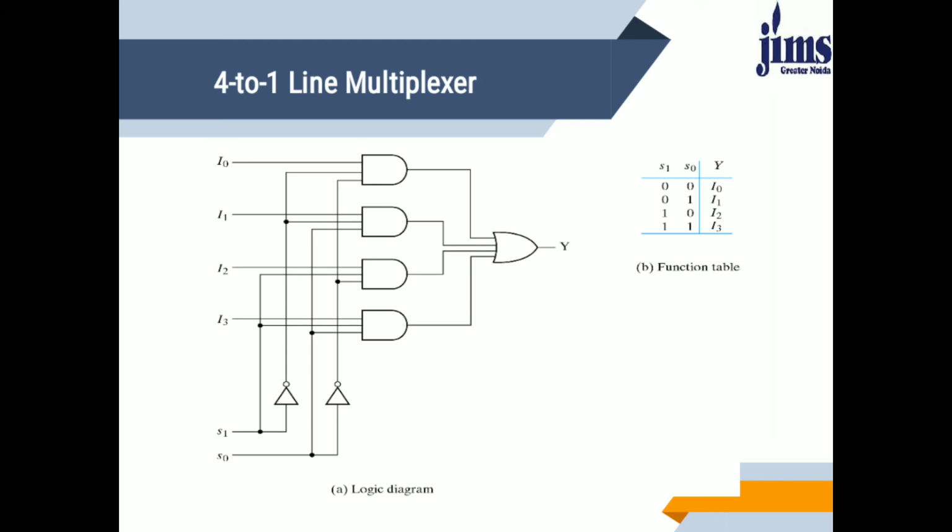Accordingly, for S1 equals S0 equals 0, I0 line will be selected. For 1, 1, if both values are 1, then I3 line will be selected. This is the work of a selection line. So, selection lines are a very much required thing for a multiplexer.